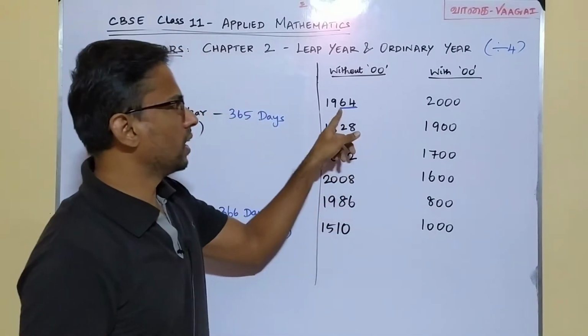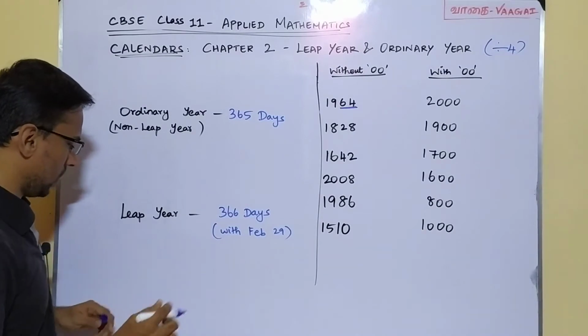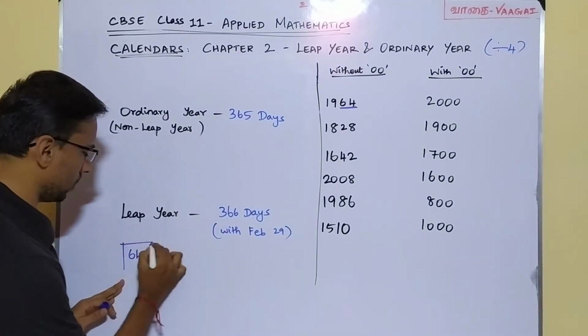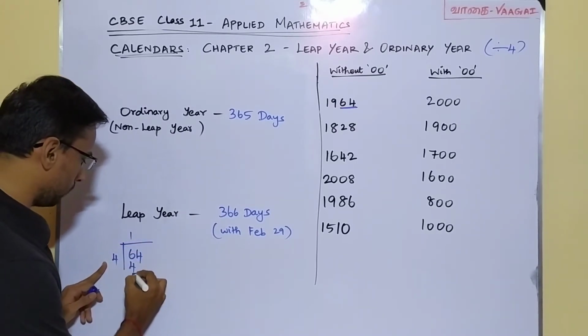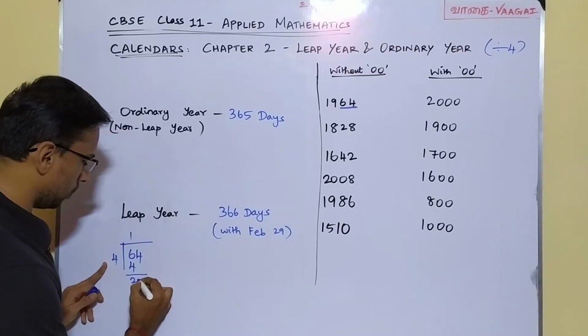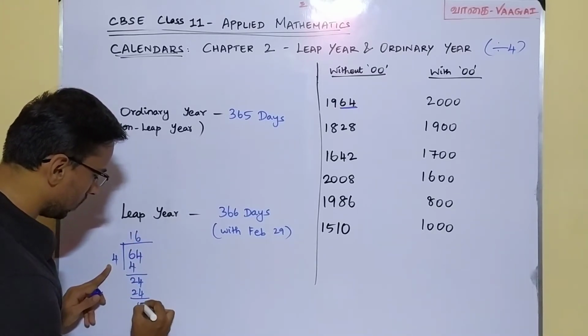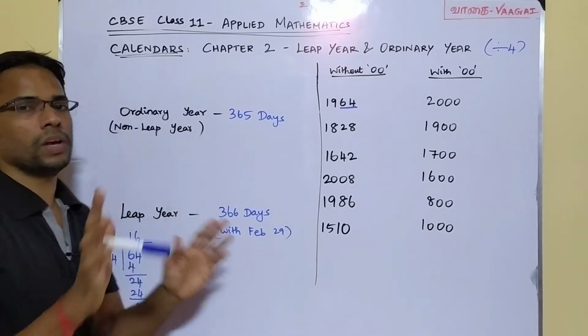Yes, I can go 64 divided by 4. Where is my space? Yes, I have some space here. I will take this space to verify it. I am dividing by 4. 4 ones are 4. I have balance 2. Let me drop this 4, and I have 4 sixes are 24. Yes, perfect. My remainder is 0. That means 64 is perfectly divisible by 4.